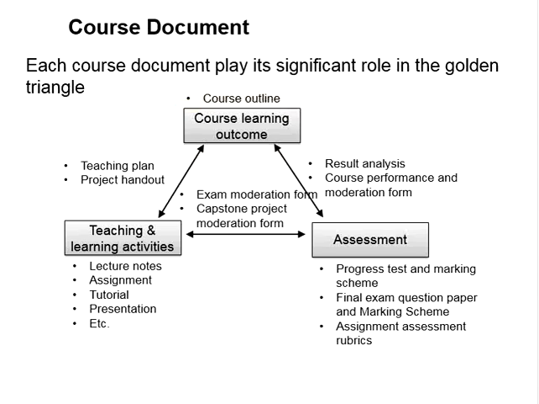And then before the semester starts, there shall be a teaching plan, planning the teaching and learning activities, as well as the assessment. The plans cover the sequence in which the topics are delivered, types of teaching and learning activities, how the course outcomes are delivered and assessed, and so on.